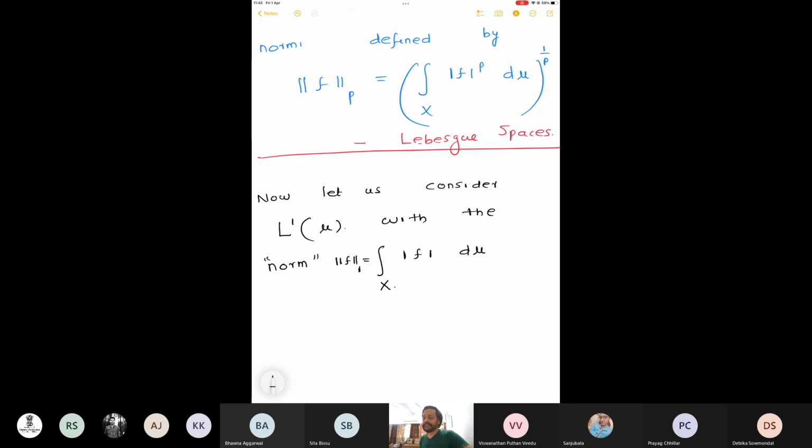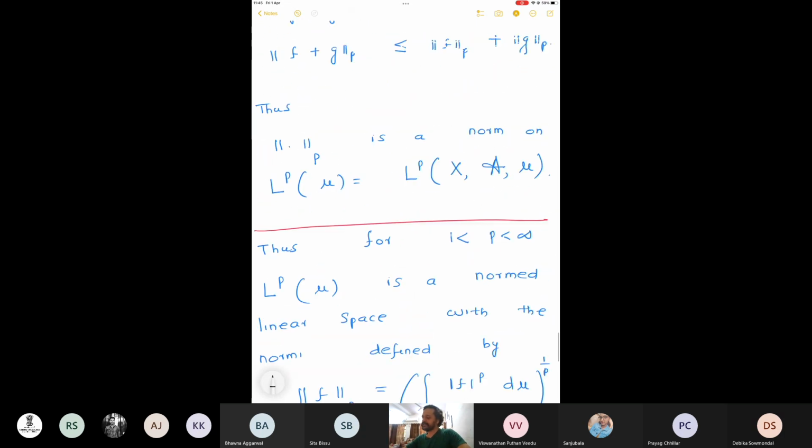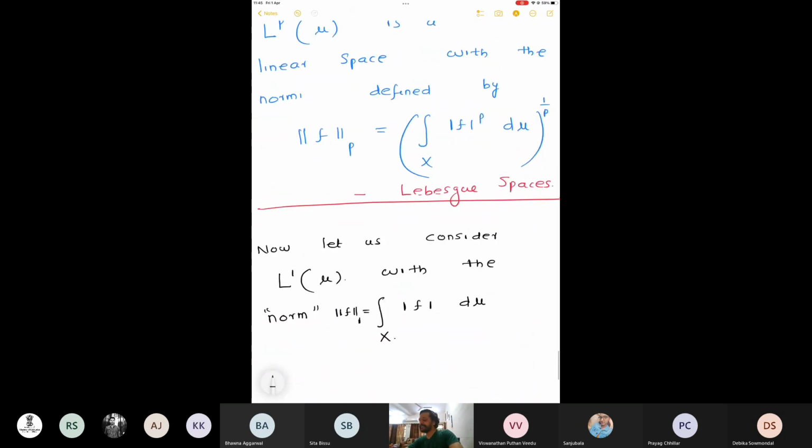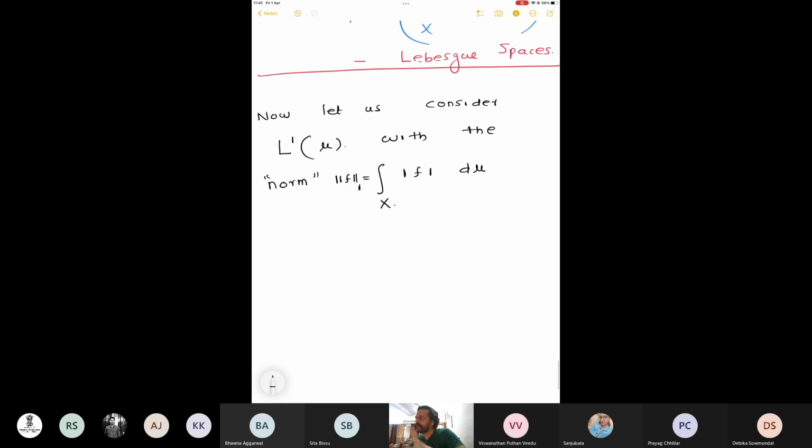Now in this case, to see that norm p is a norm, the only non-trivial thing was the triangle inequality. And for establishing the triangle inequality, we use what is called Minkowski's inequality. But in this case, you don't need Minkowski's inequality or anything. The triangle inequality will be straightforward.